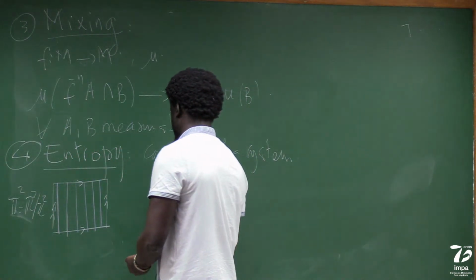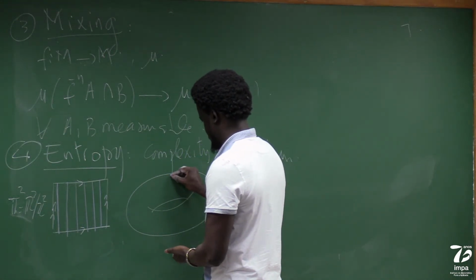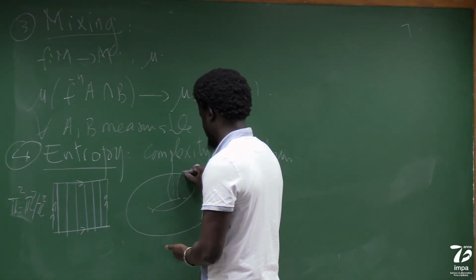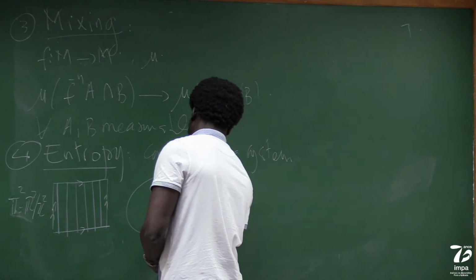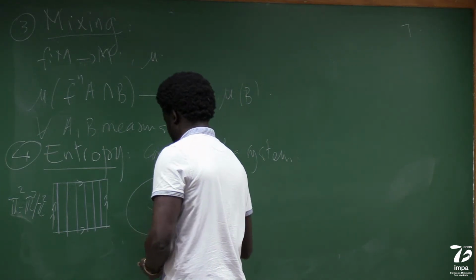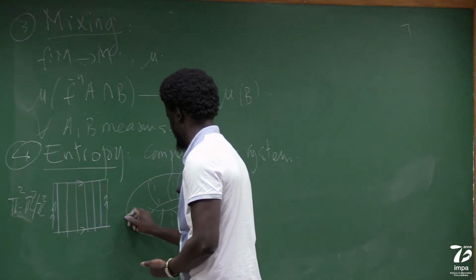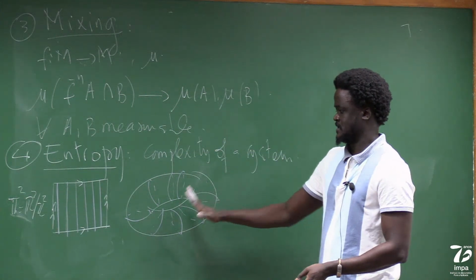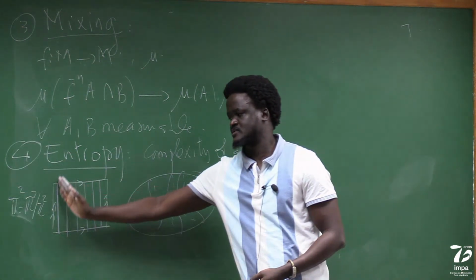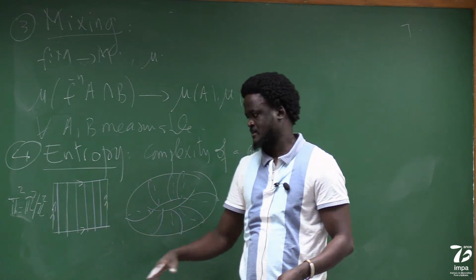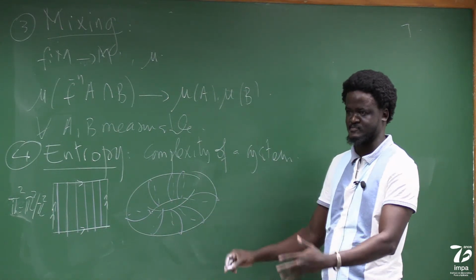If you want to draw it on the torus, these are orbits. So this is a system where every orbit is periodic. This is just the vertical flow on the torus. I consider this system also as zero entropy.